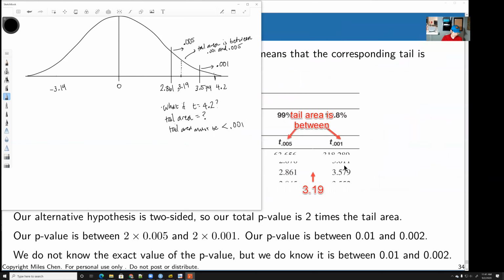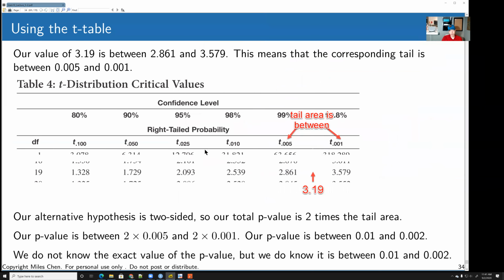Because we don't actually need to know the exact p-value. We just need to know if the p-value is bigger or less than our significance level. With a significance level of 5%, we just have to see whether our p-value is more or less than that. We know the tail area is between 0.005 and 0.001.